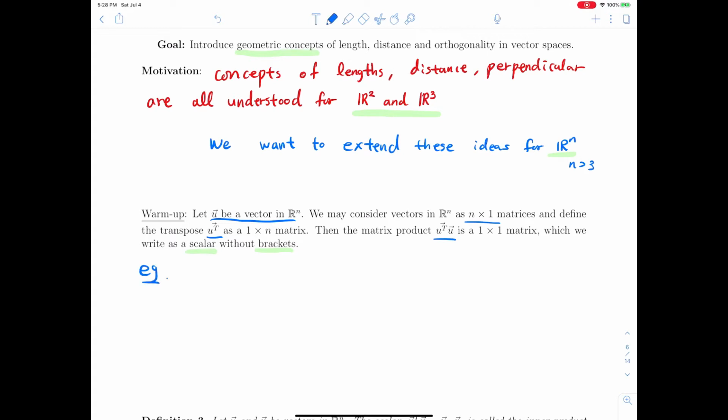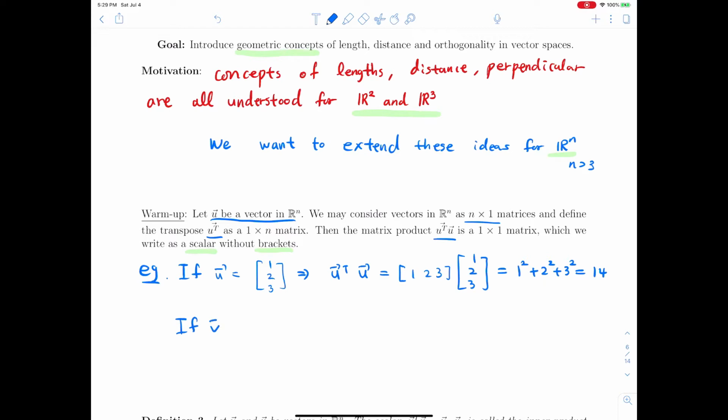Suppose that you have u equals (1, 2, 3). Then u transpose times u is the row matrix (1, 2, 3) times the column vector (1, 2, 3). If you multiply these two, this gives you 1 squared plus 2 squared plus 3 squared, which equals 14.